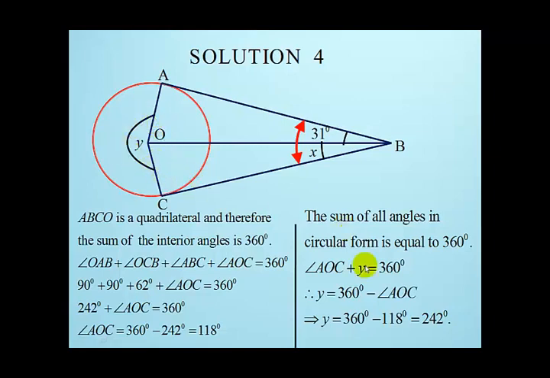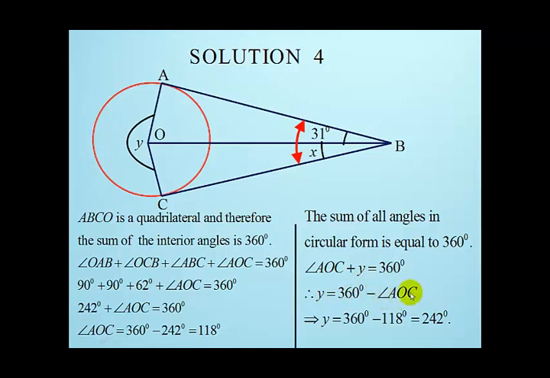Now let's continue. The sum of all angles around a point in a circle is equal to 360. So angle AOC plus y is equal to 360. Making y the subject, y will be equal to 360 degrees minus angle AOC.